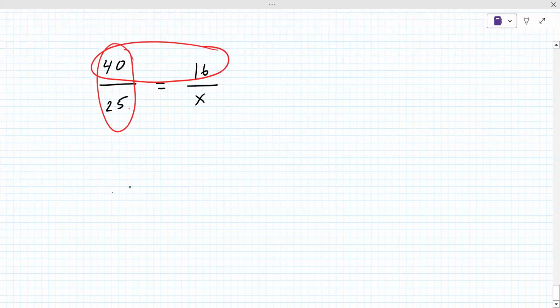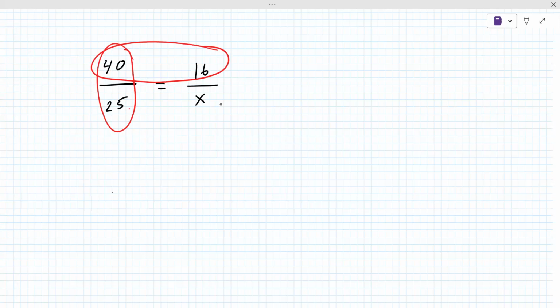Okay, I can do 40 divided by 16... 5... and then... so 25. X equals 10.